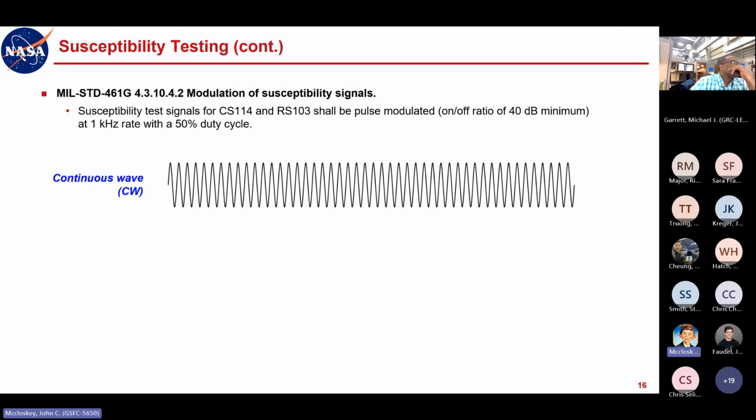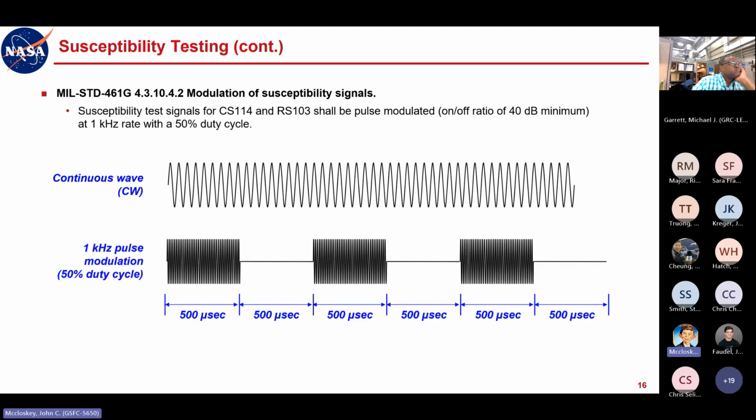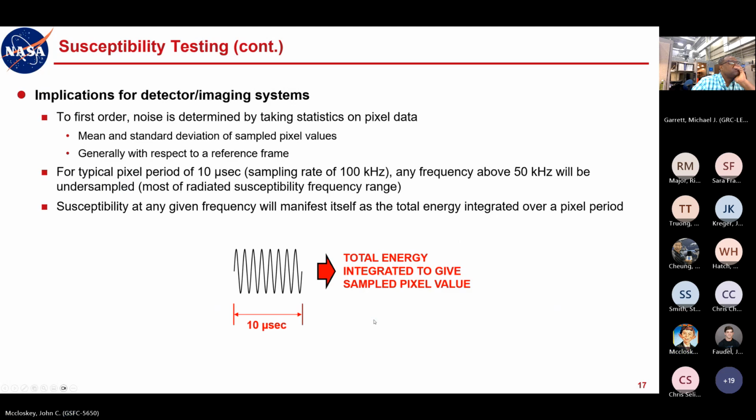So if you start with a continuous wave, generally abbreviated as CW, just a continuous sinusoid, then you apply a 1 kilohertz pulse modulation with a 50% duty cycle, and that means you're on for 500 microseconds and off for 500 microseconds.